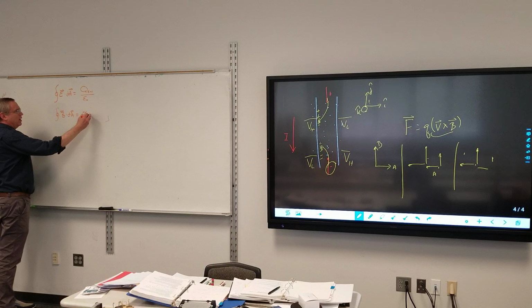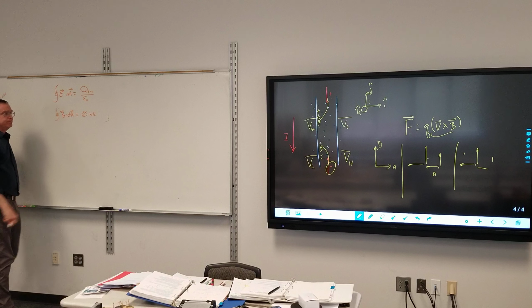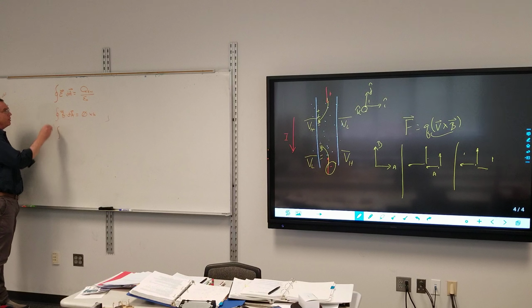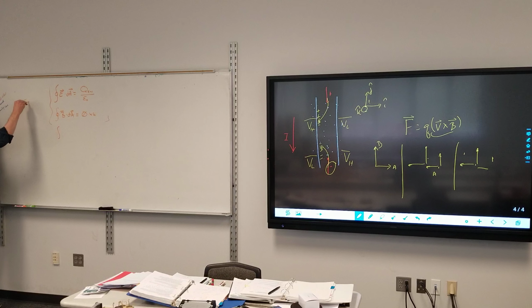I'll go ahead and throw units in there, Webers. So these are Gauss's laws, or Gauss laws. That just sounds better than Gauss's. Gauss's law of electricity and Gauss's law of magnetism.